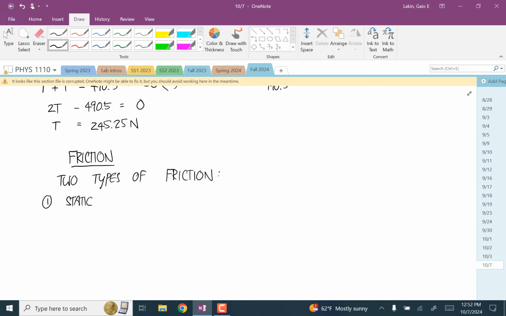Static friction prevents an object at rest from starting to slide.